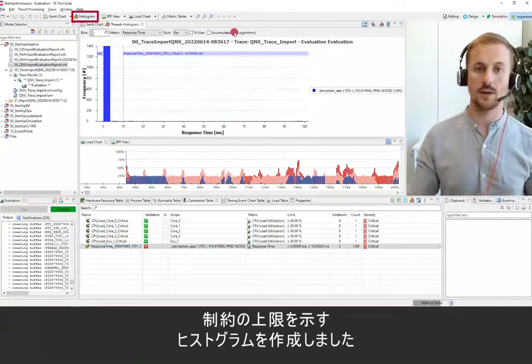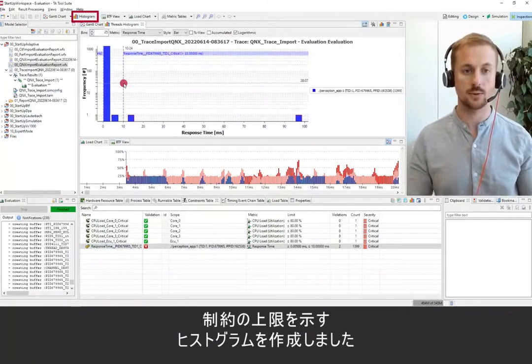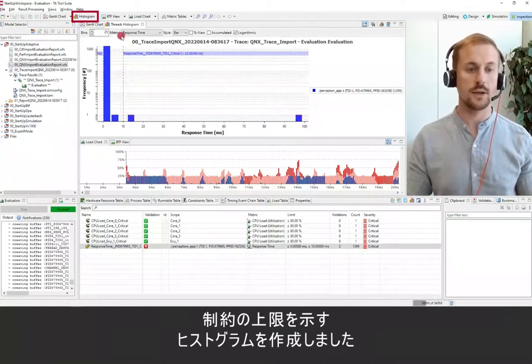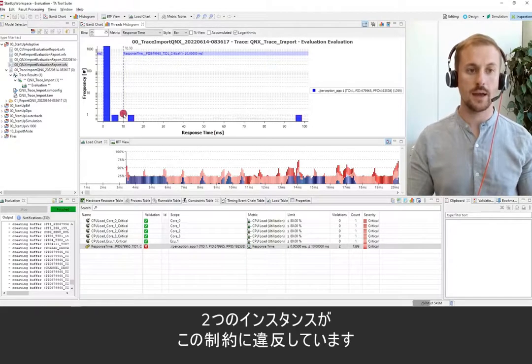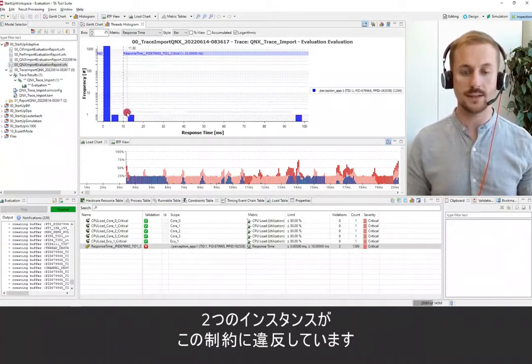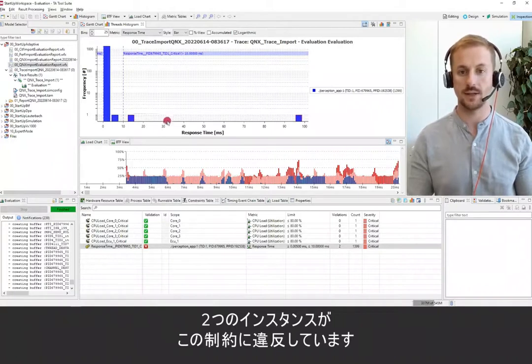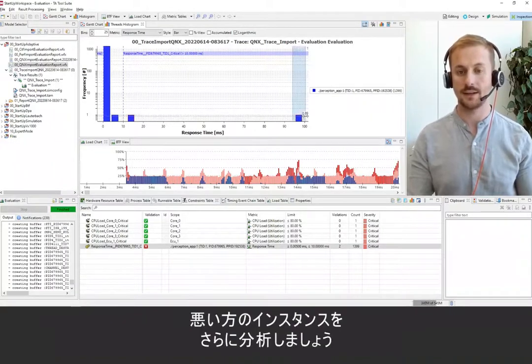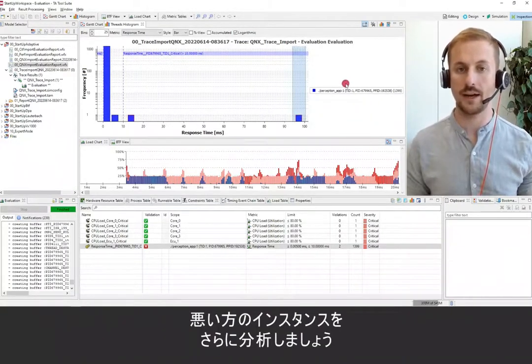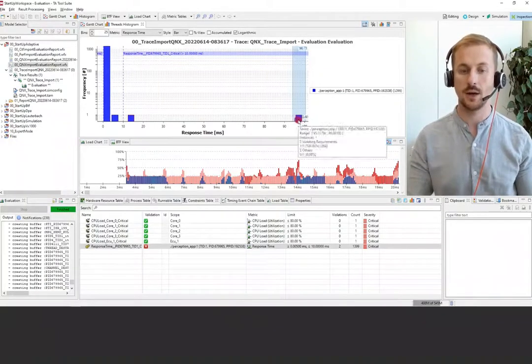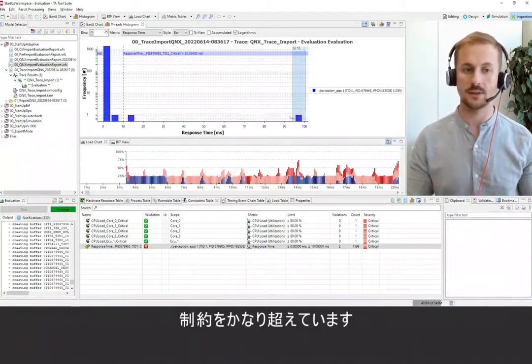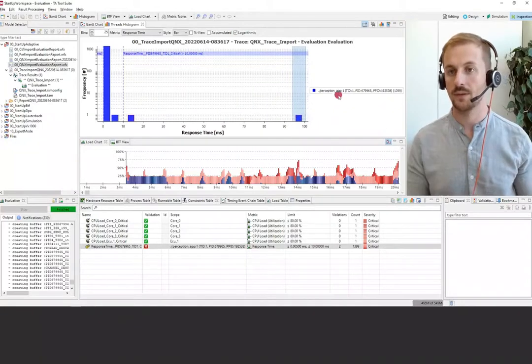I have configured now here the Gantt chart, the histogram, with the constraint limit. And you can see that there are two instances violating this constraint. Let's take the worst one for further analysis. So this instance exceeds the constraints by a lot.